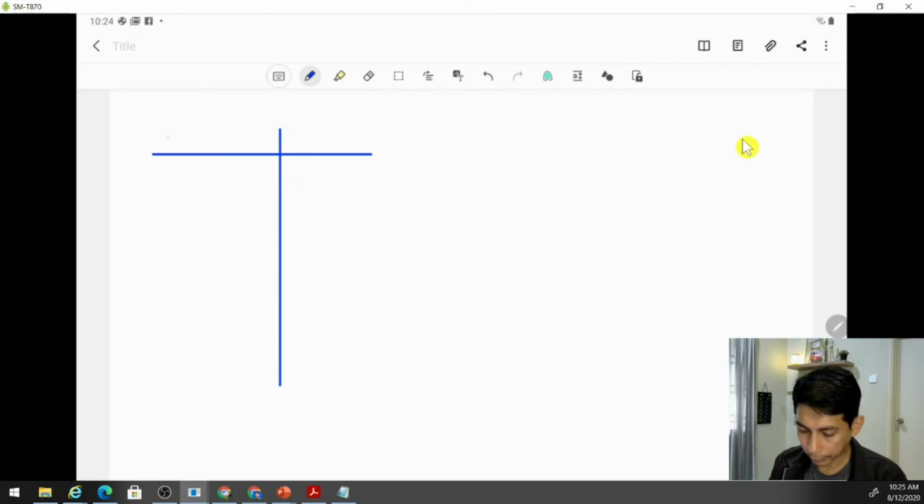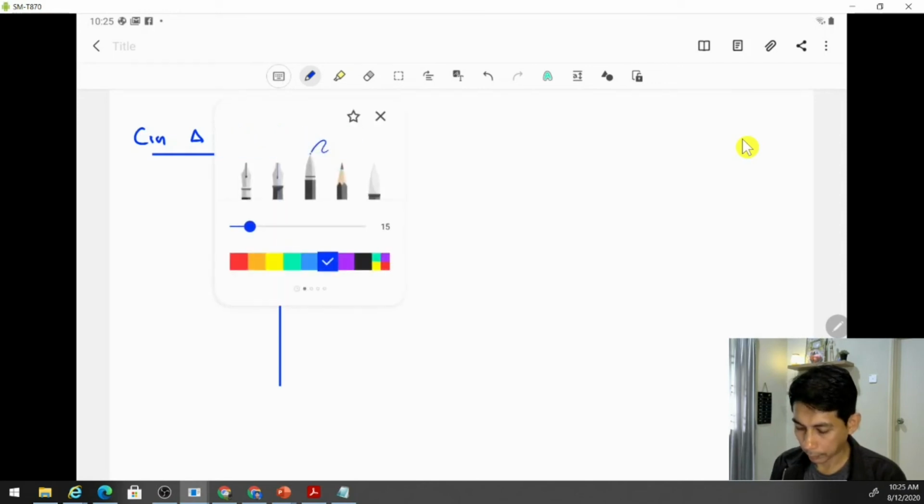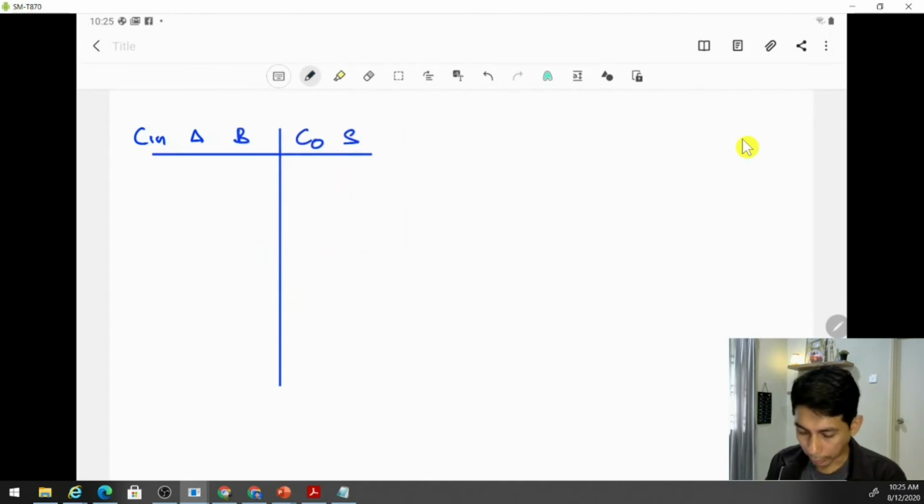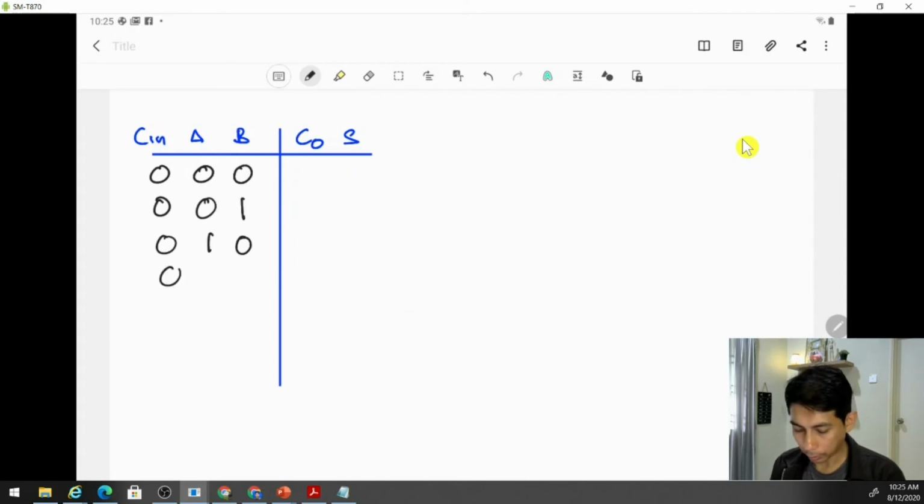We will have C in, input A, input B, and C out, and also the sum. The inputs will be all the combinations for 3 bits, so we have 8 combinations starting from 0 0 0, 0 0 1, 0 1 0, 0 1 1, 1 0 0, 1 0 1, 1 1 0, and 1 1 1.